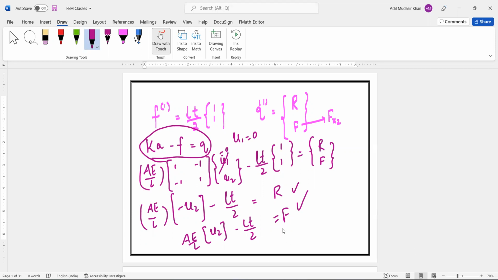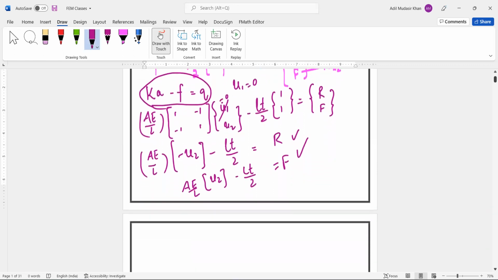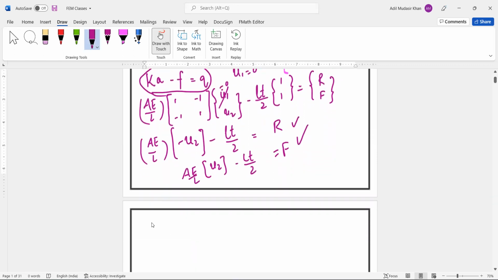We can further write an expression for the displacement. U is equal to U1 N1 plus U2 N2. Since U1 is equal to 0, therefore U becomes equal to N2 into U2. Okay, from this equation we can calculate the value of U2.